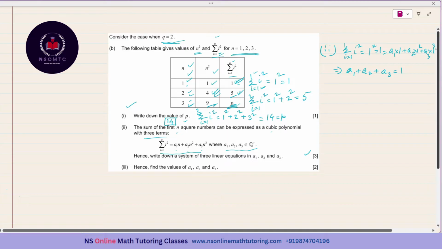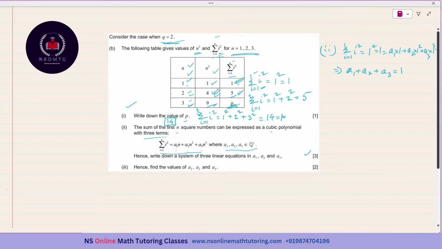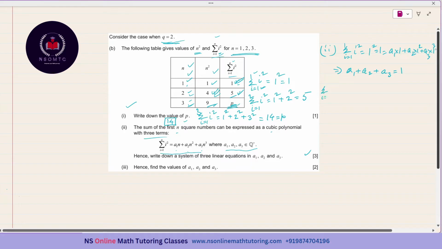Next one, n equal to 2. So, sigma I equal to 1 to 2 of I square is equal to 1 square plus 2 square, which is equal to 5. Now, n value is equal to 2. So, this is a1 times 2, plus a2 times n square, that is 2 square, plus a3 times n cube, that is 2 cube.